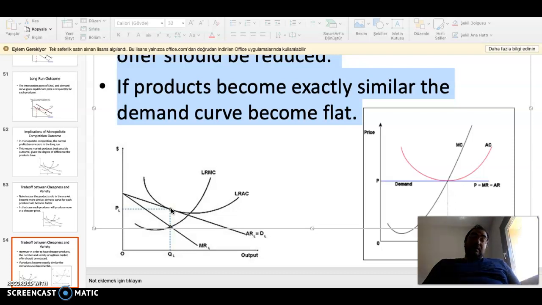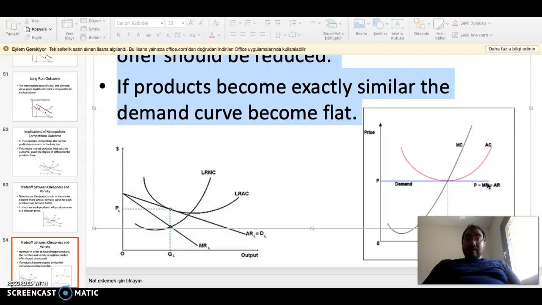If people think that all cars sold are more or less the same, the differences are not important and they just look at the price. In that case, the car market might look like the flatter one, even if the cars are as different as they are today.